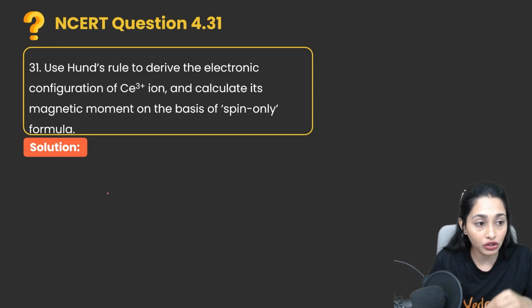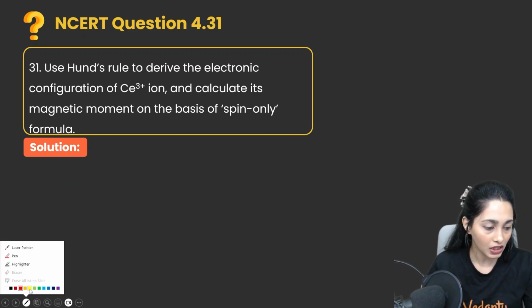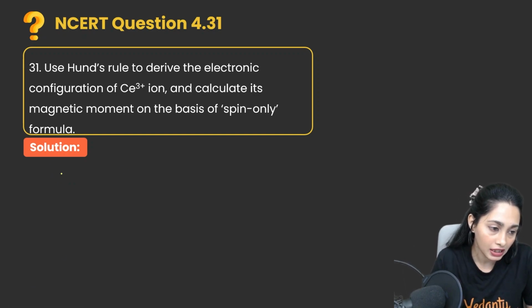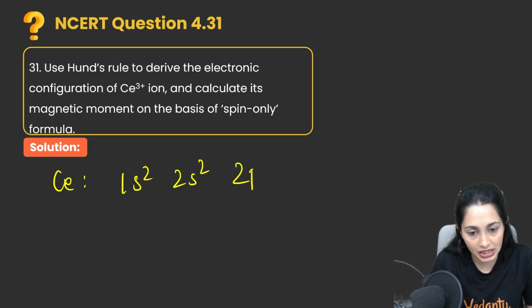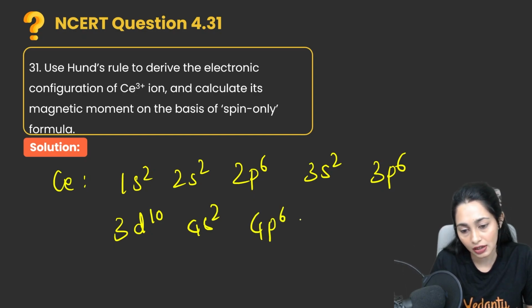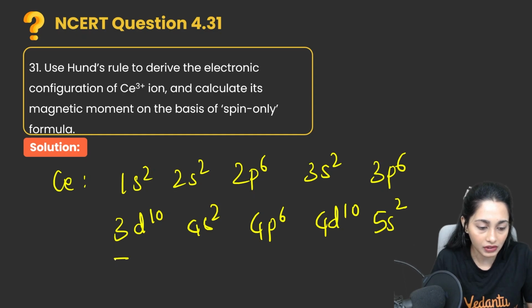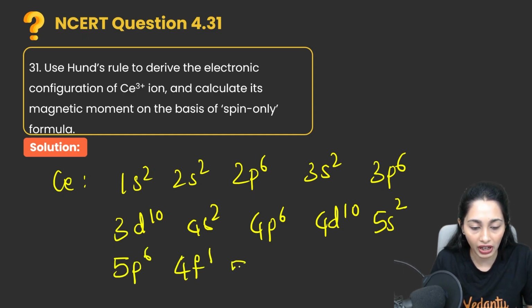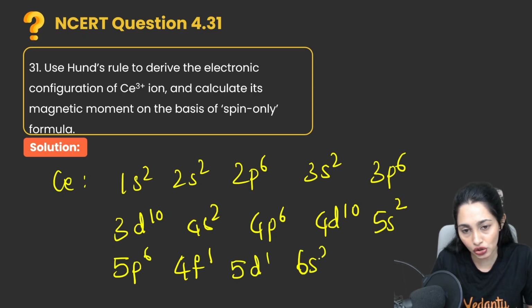So first we need to write the electronic configuration of cerium: 1s2, 2s2, 2p6, 3s2, 3p6, 3d10, 4s2, 4p6, 4d10, 5s2, 5p6, 4f1, 5d1, 6s2.